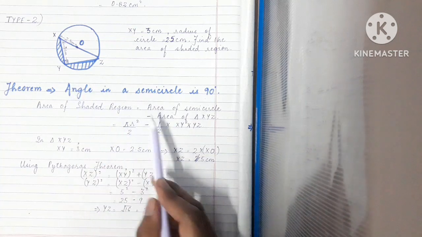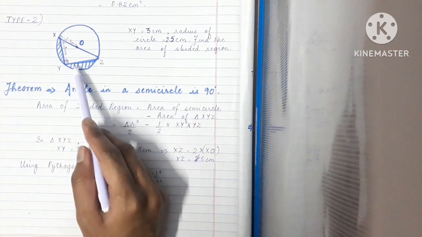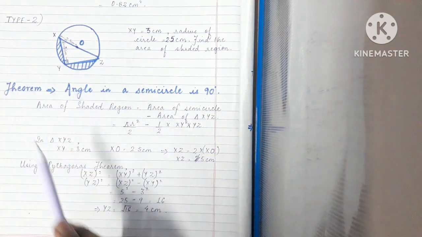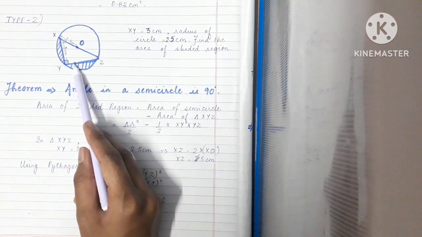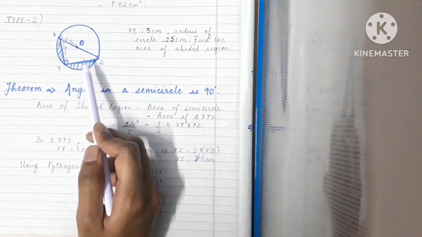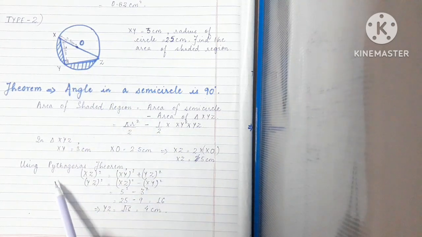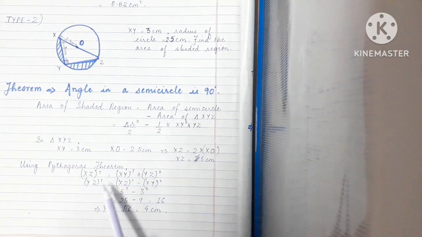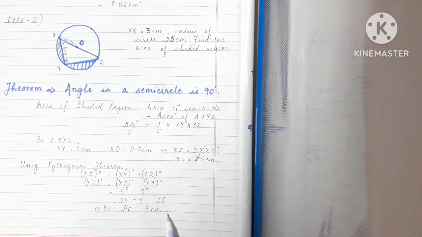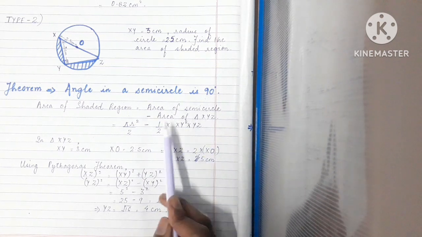Area of the shaded region will be given by area of the semicircle minus area of this triangle, and for finding the area of triangle we must know the base and the height. So we know the height. For finding the base we will apply Pythagoras theorem, and using the Pythagoras theorem we find the value of yz equal to 4 centimeter. Now we will simply put the value.